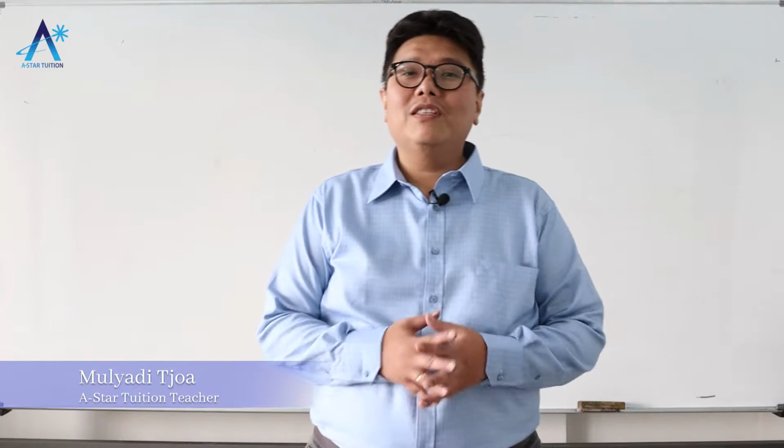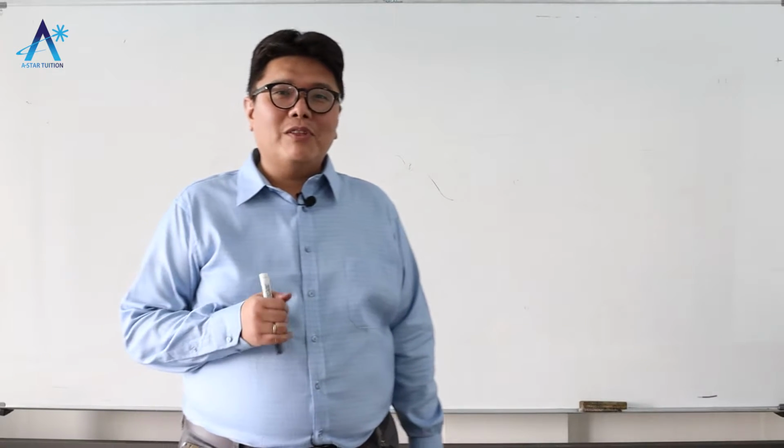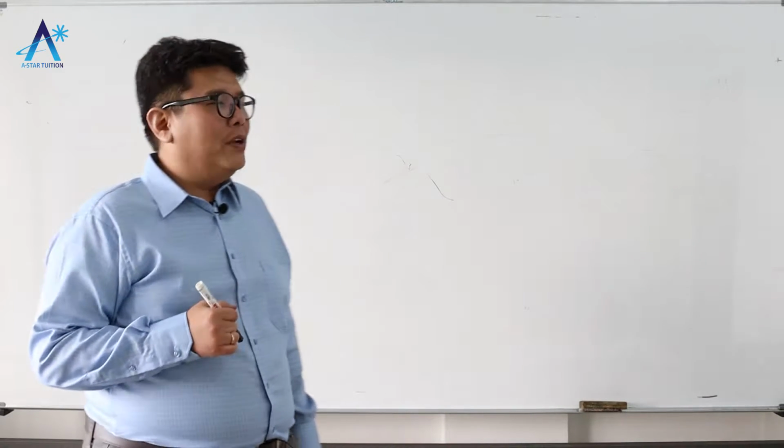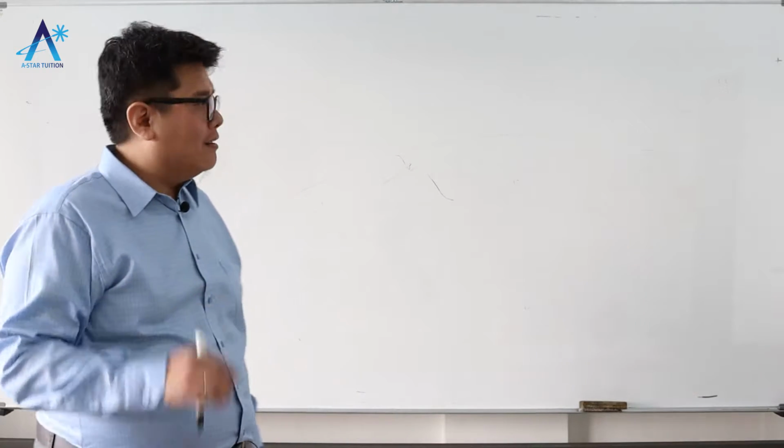Today, we want to continue our discussion about kinematics, especially about uniform motion and uniformly accelerated motion. Let's start. In our last video, when we talked about kinematics, we learned about motion, one-dimensional motion, in general.